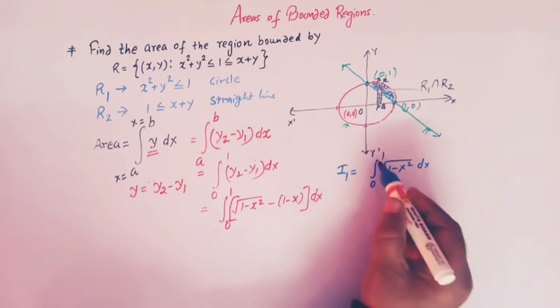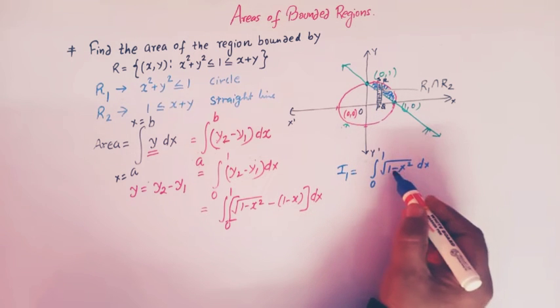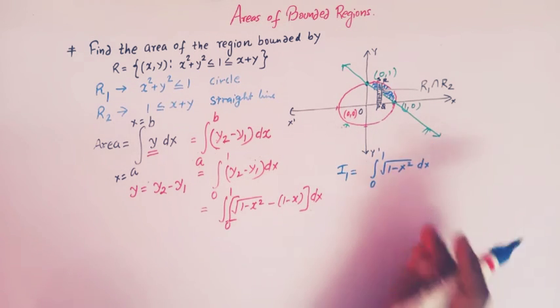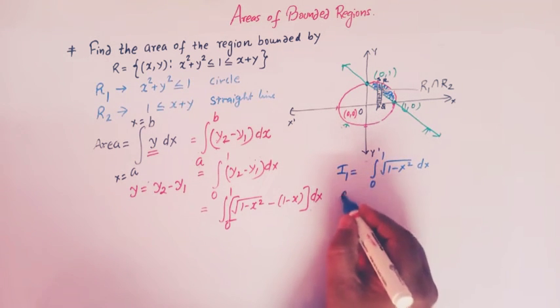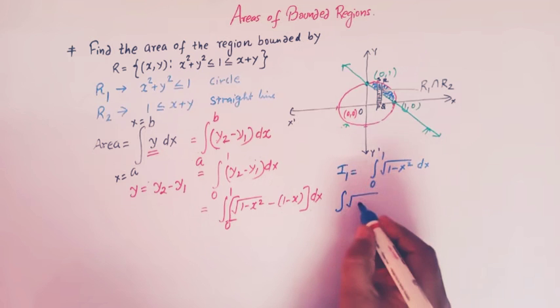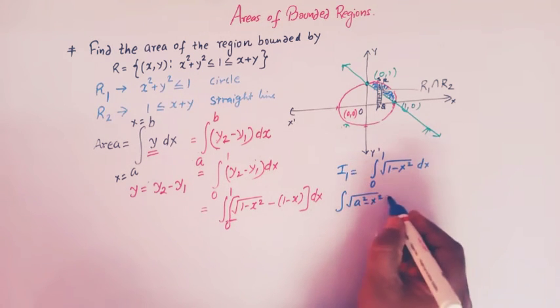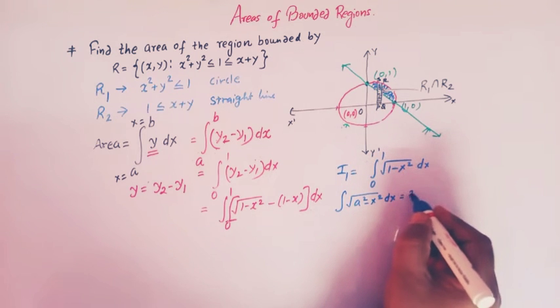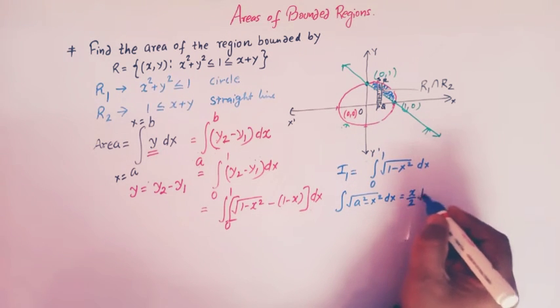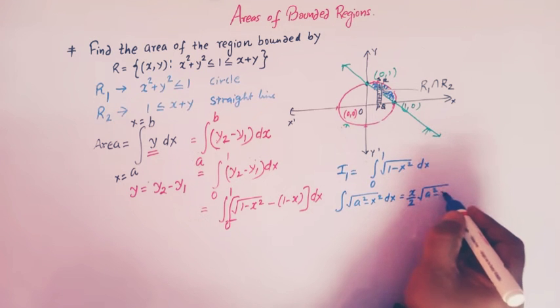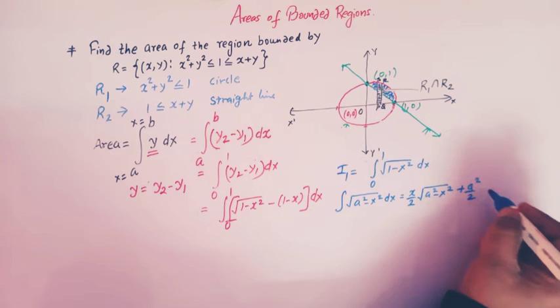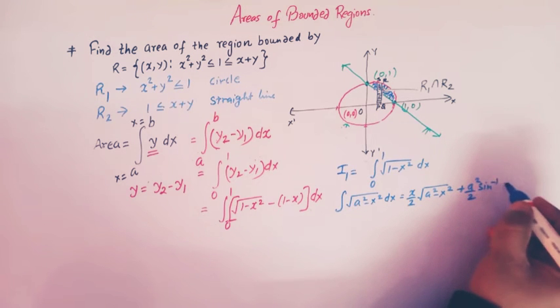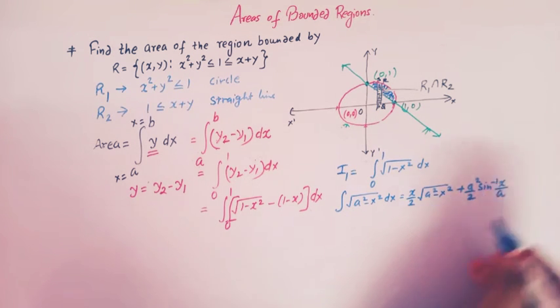So I1 is the integral from 0 to 1 of square root of 1 minus x square, and to calculate this integral we make use of the result that the integral of square root of a square minus x square is given by x over 2 square root of a square minus x square plus a square over 2 sine inverse x over a.